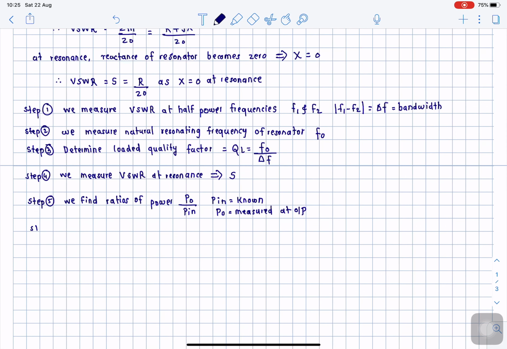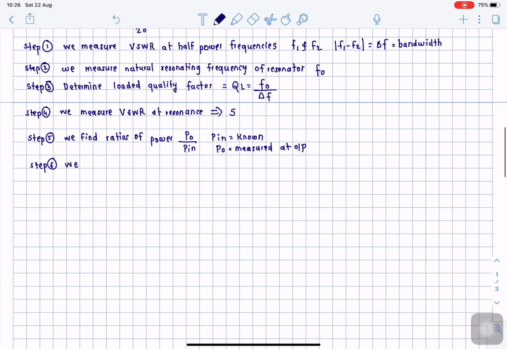So in step number 6, we calculate the coupling factors, and these coupling factors are beta 1 and beta 2.